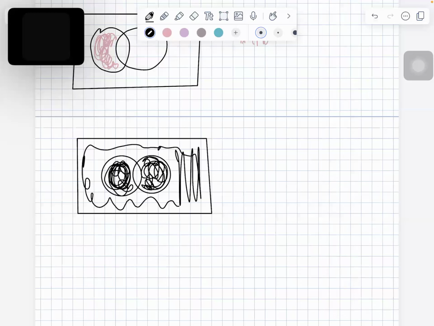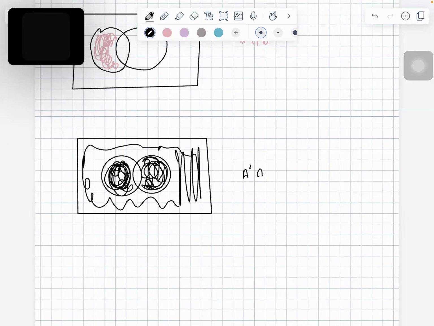Okay, what about this one? I don't know, but I think is it A complement intersection B complement?